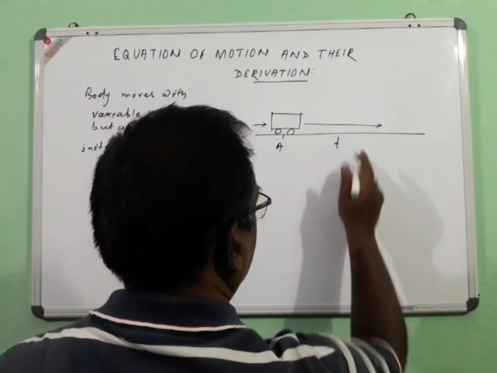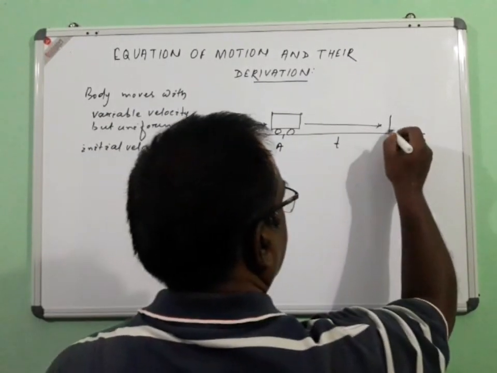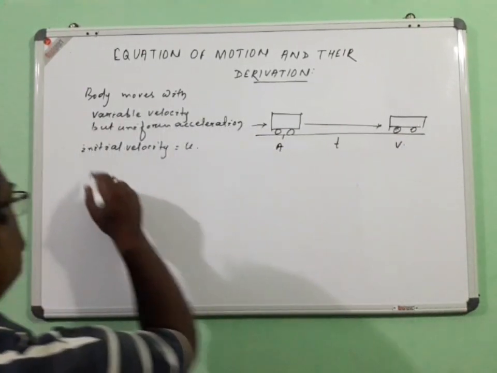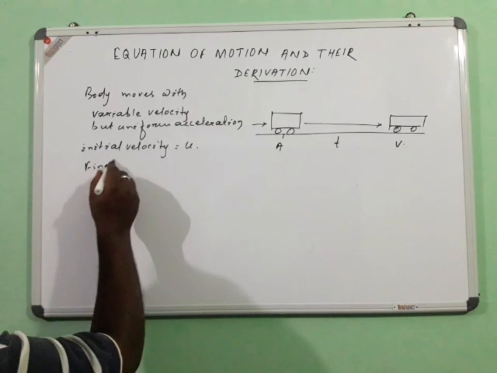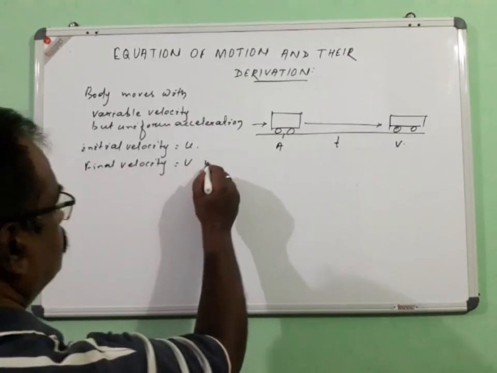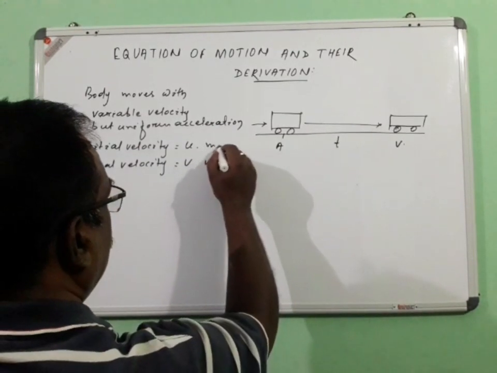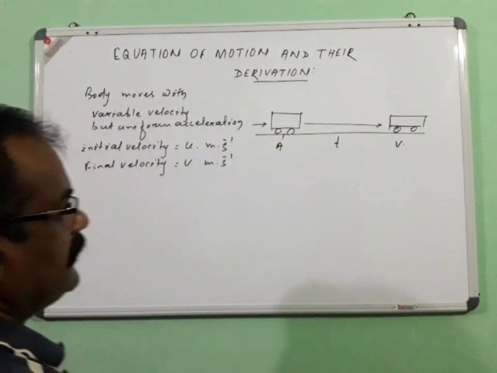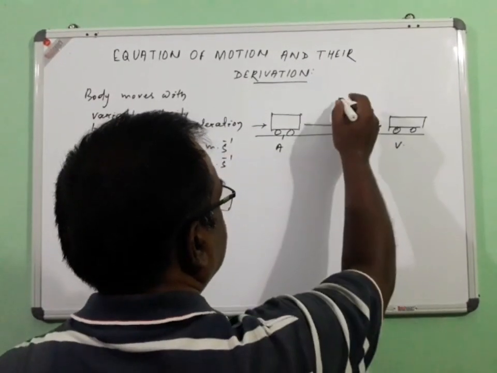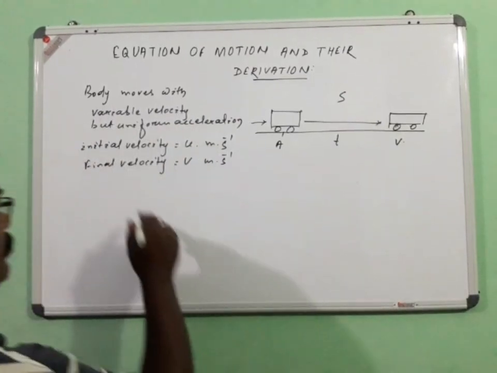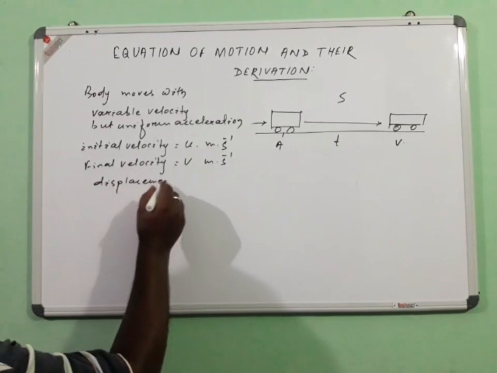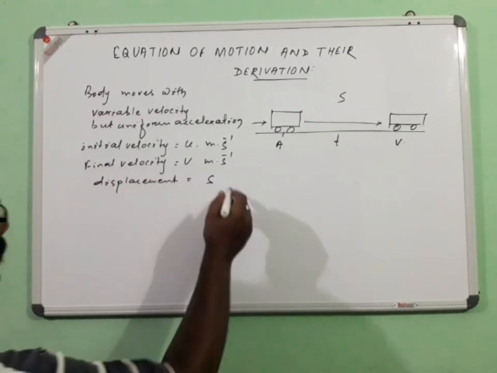After a certain time interval t, the velocity of the body becomes v, the final velocity, in meters per second. In due course of time it has traveled a displacement of s, so the displacement covered by the body is s meters.